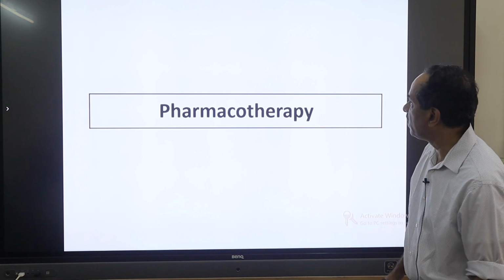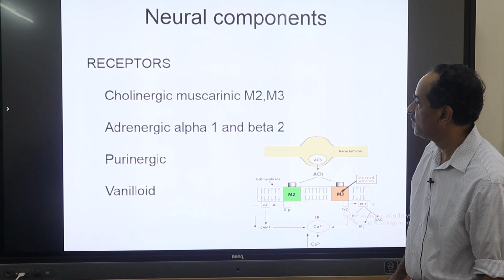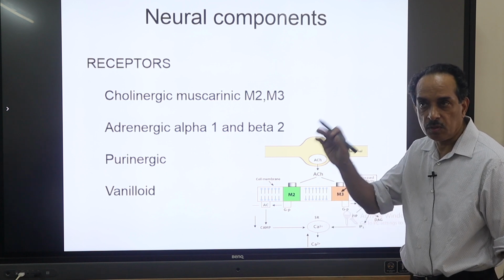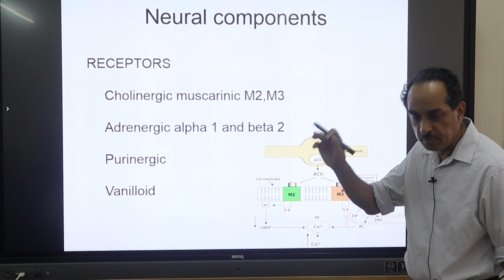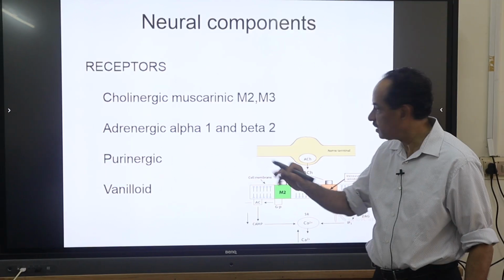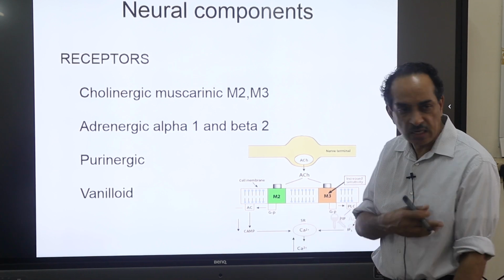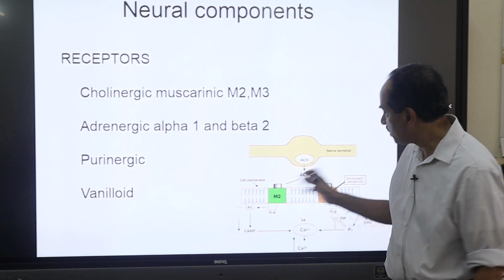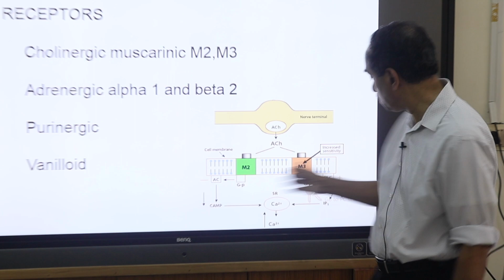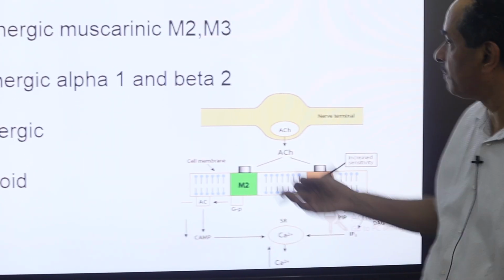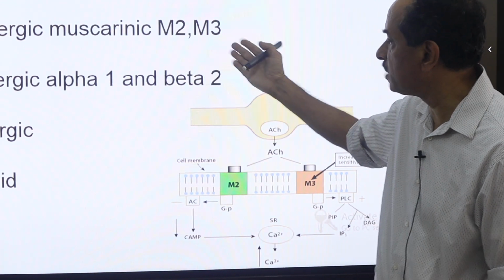Pharmacotherapy for the bladder. So you know all these things. Though acetylcholine is the mediator, the receptors are muscarinic receptors. For instance, skeletal muscle got the nicotinic receptors. Muscarinic receptors are also divided into M1, M2, M3 and selective receptors, selective management like that. So cholinergic muscarinic receptors.